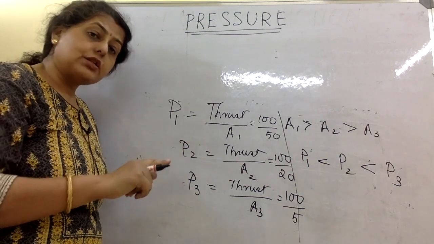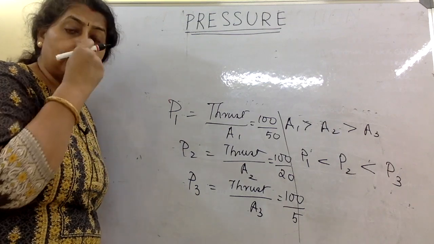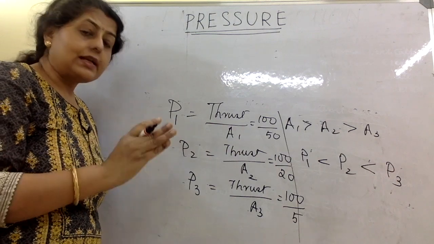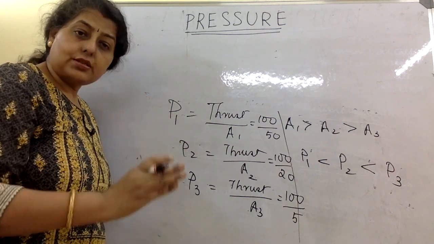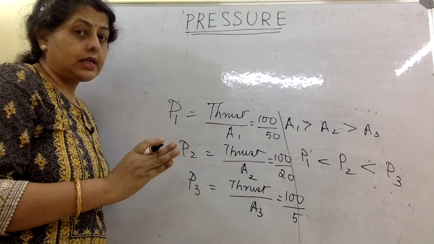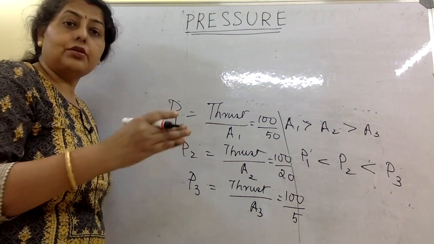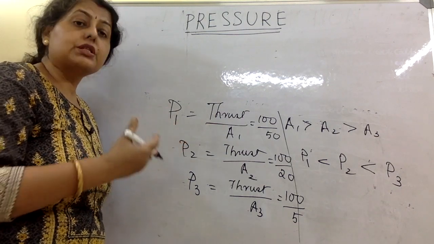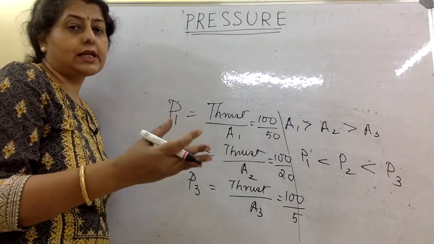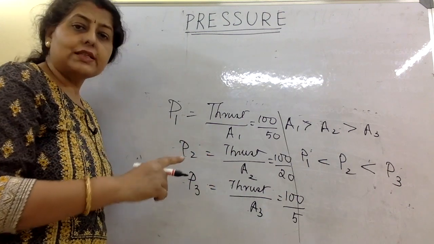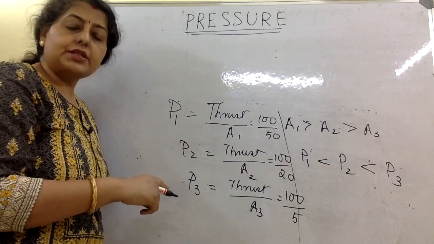That is why the pressure is very high when you stand on the sofa or the bed, so it can damage them. On the other hand, when we lie on the bed, pressure is low because the surface area of contact is so big. So there are lots of very interesting examples based on this.